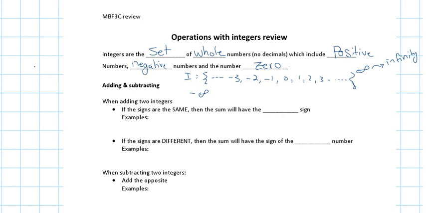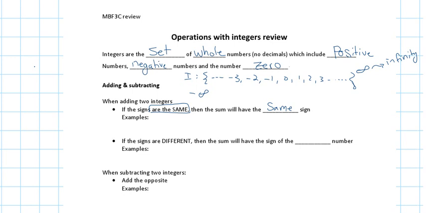Okay? So when adding two integers, if the signs are the same, then the sum will have the same sign, right? Which means if I'm adding two positive numbers, I'm going to end up with a positive number. If I'm adding two negative numbers, I'm going to end up with a negative number.